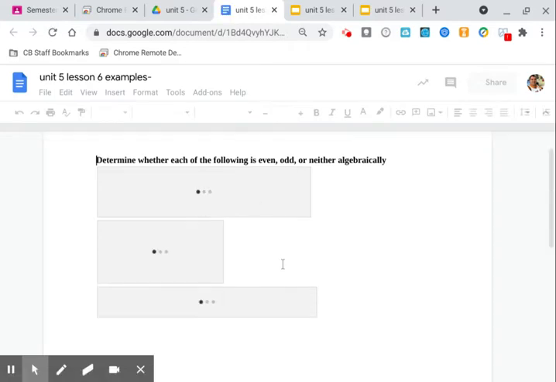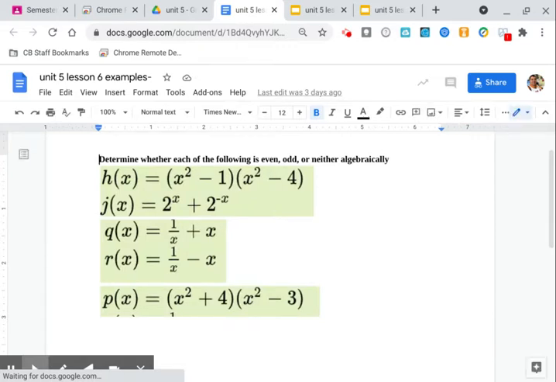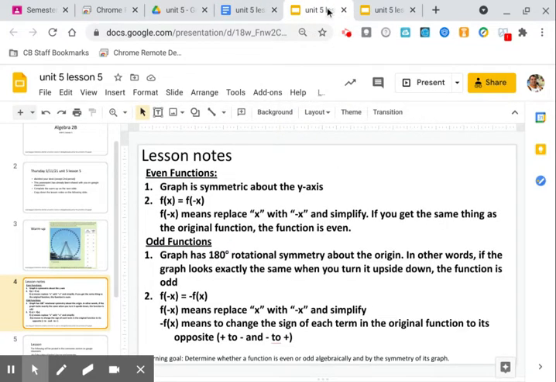Determine whether each of the following is even, odd, or neither algebraically. So remember, when we want to determine whether a function is even, odd, or neither, we first check whether it's even.